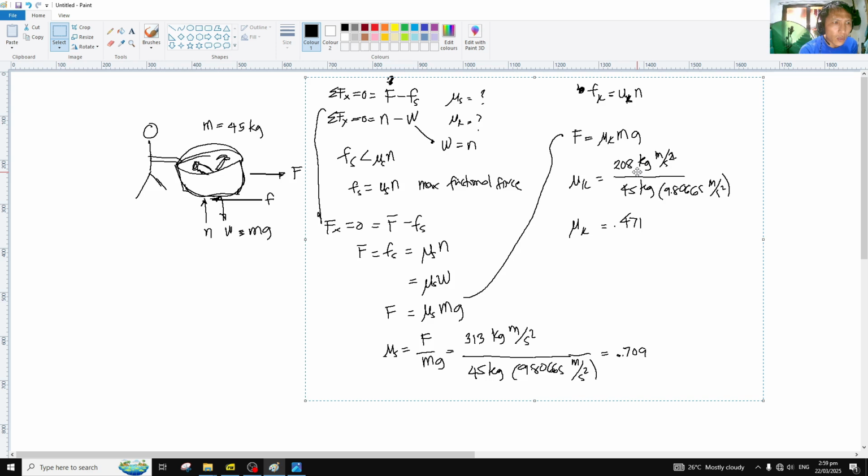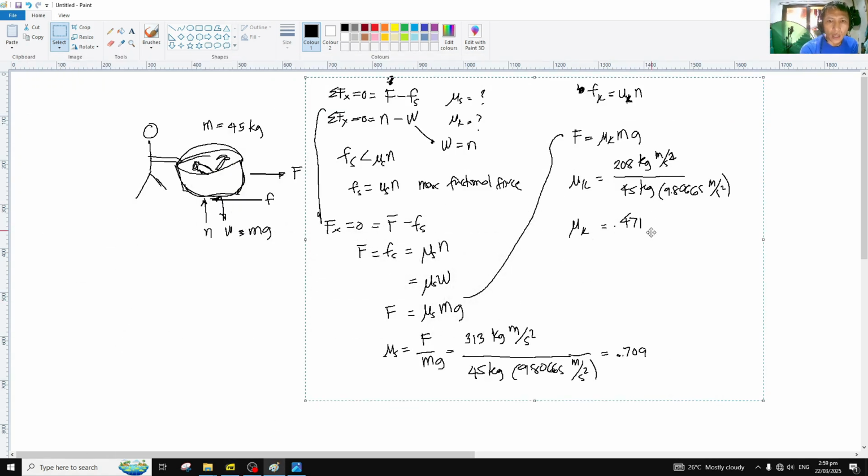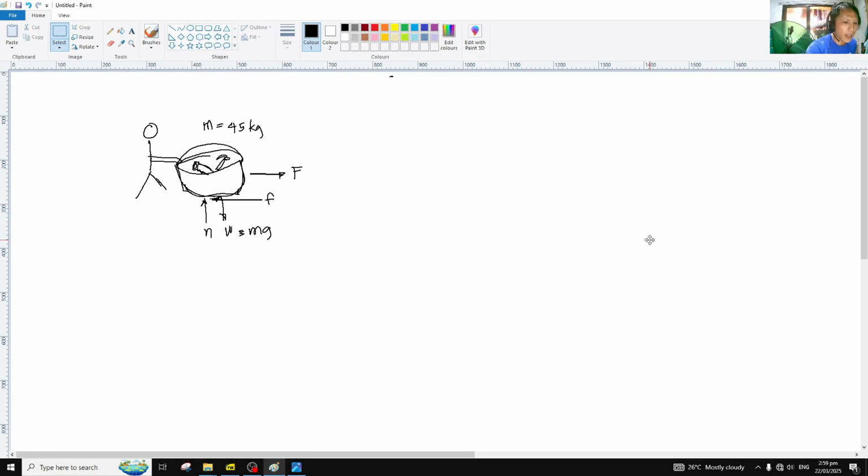Where did I get this 208 kilograms? It's given from the problem. 208. Okay. So that is 0.471. So I'll delete that, and then I'll use the mu sub k, that is the coefficient of friction.